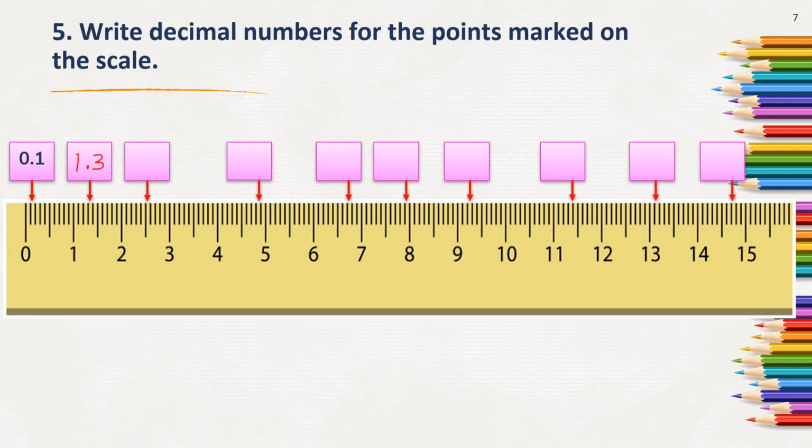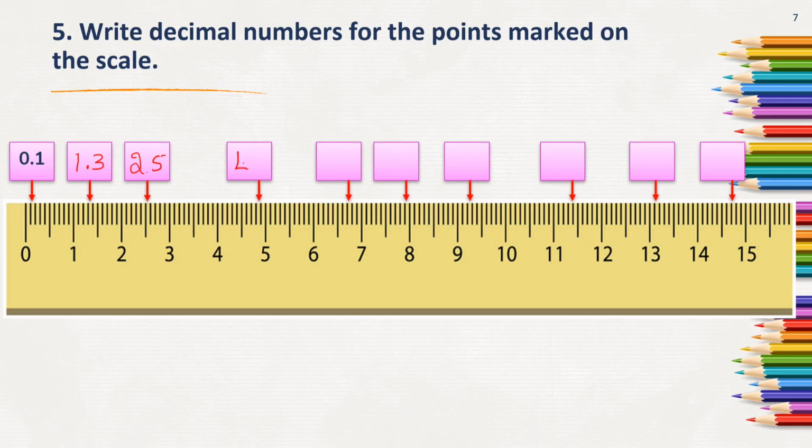If this had reached 2, we would have written 2 whole. But here it is only 1.3. Next is 2 whole and 5 millimeters. So we'll write 2.5.